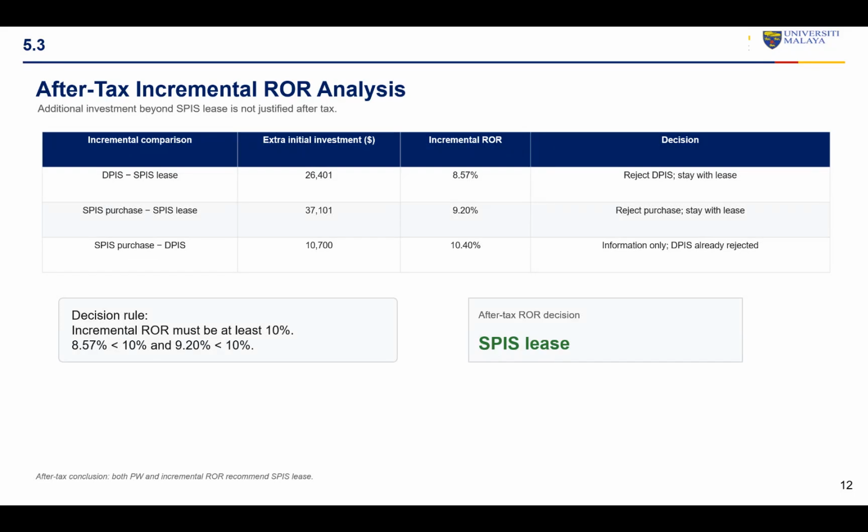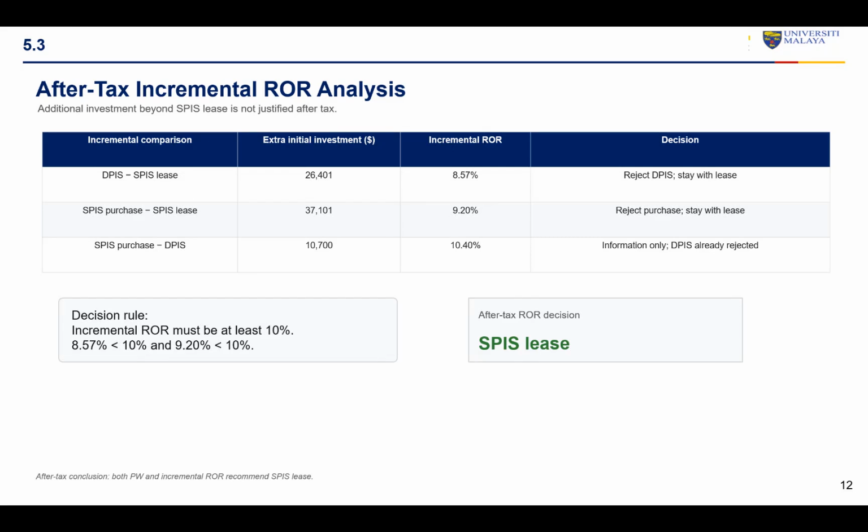After-tax incremental ROR analysis also supported SPIS lease. The incremental ROR of DPIS over SPIS lease is 8.57%, which is below the 10% MARR, so DPIS is rejected. The incremental ROR of SPIS purchase over SPIS lease is 9.2%, also below the MARR, so SPIS purchase is rejected.